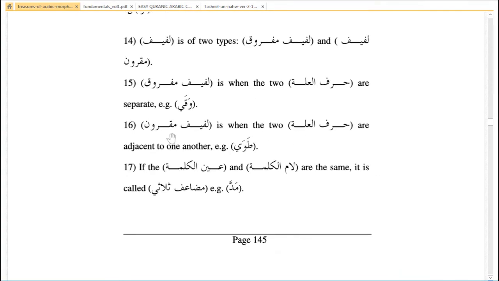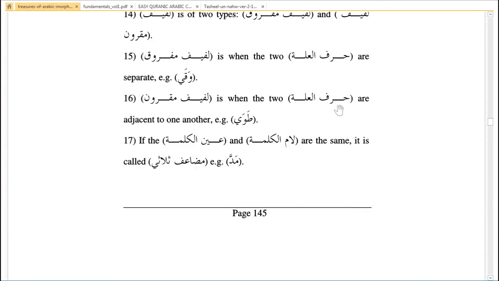And Lafifi Maqroon is when the two huruf illa are adjacent to each other, close, following each other together, like tawaya, two harf illa, waw and ya. So they're telling you these are just the names, to read and understand.